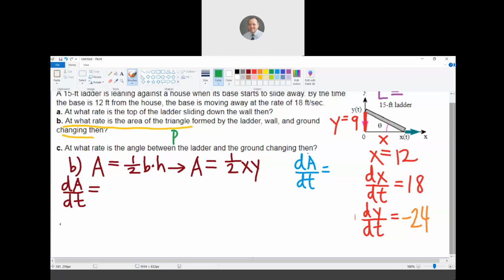So the product rule is the derivative of f times g plus f times the derivative of g, where f is our 1/2 x and y is our g.